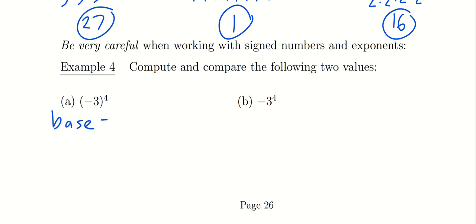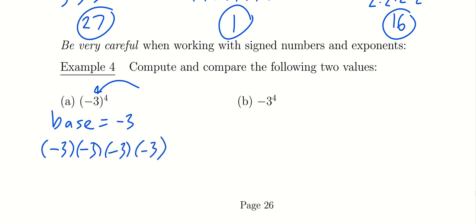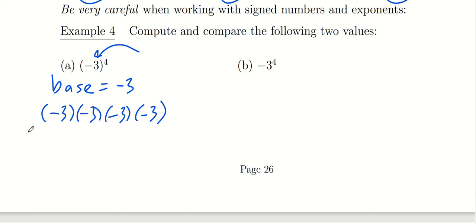Here, the base for this problem is -3 because it's inside of a parenthesis, and so that's the thing that's being raised to the 4th power. So -3 in parentheses to the 4th represents the multiplication of -3 with itself 4 times.